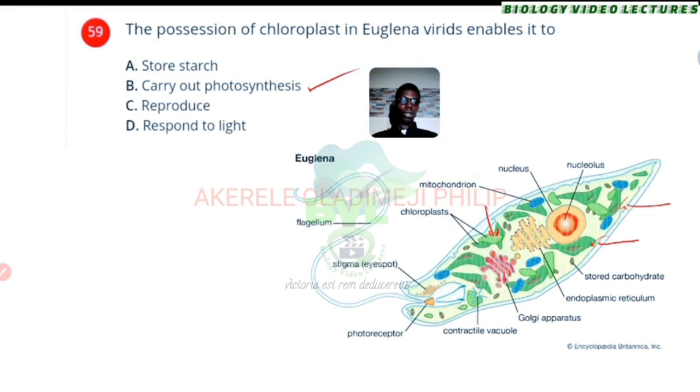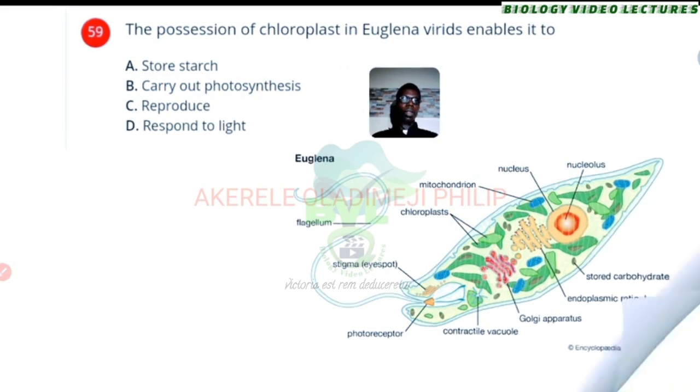So it has plant-like characteristics and animal-like characteristics. The animal-like is because it has an eye spot, it has a flagellum, it has what's that called? A gullet to swallow or to eat its prey, and it also has chloroplast. Now, for plant characteristics, for photosynthesis, it stores some sort of carbohydrate, pyrenoids, and all of that.